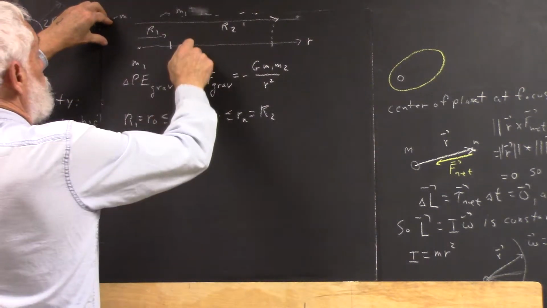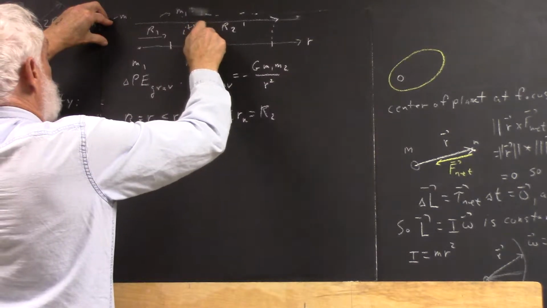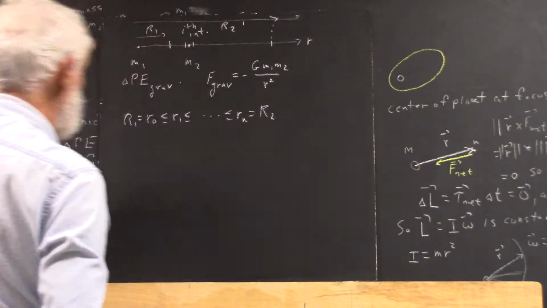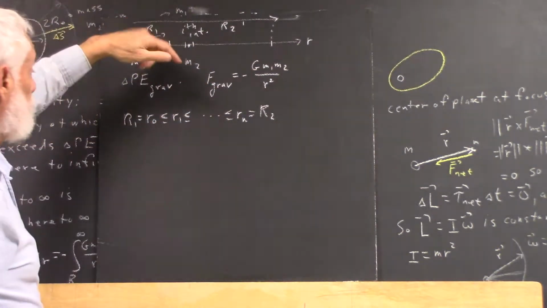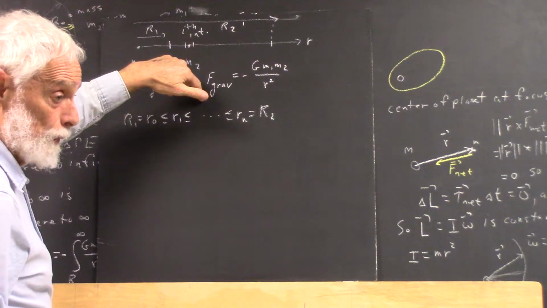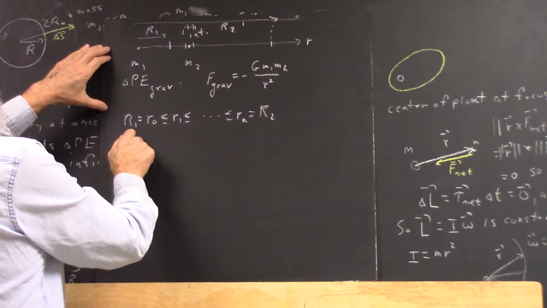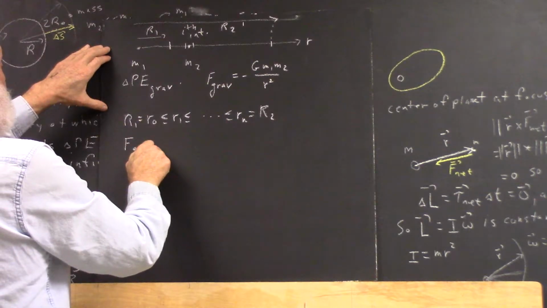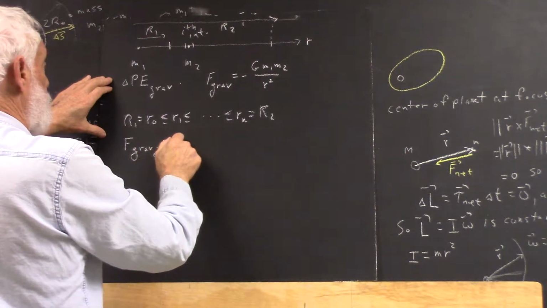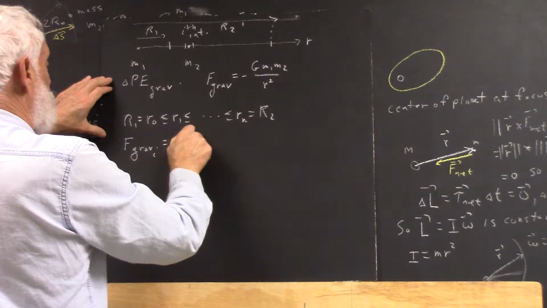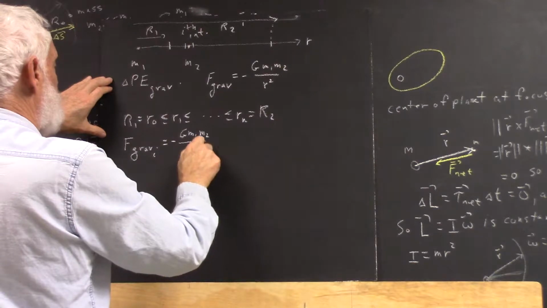On a typical subinterval, if this is the ith subinterval, it's going to have a sample point that we're going to call r sub i star, and the interval is going to run from r sub i minus 1 to r sub i with r sub i star in between those two. The gravitational force sub i is then going to be negative G m1 m2 over r sub i star squared.